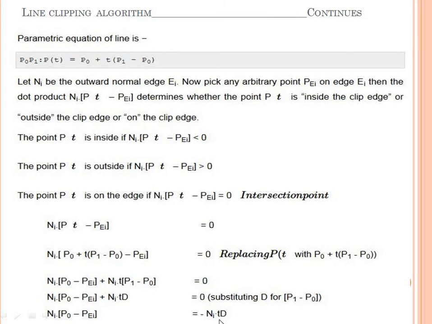Ni into P0 minus Pei, and the term Ni into td goes to the right hand side. So the plus sign becomes minus: minus Ni into td.